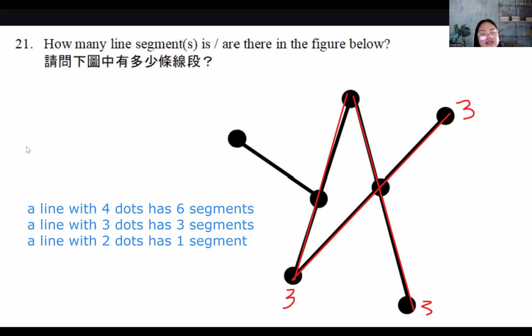And the last line is a two dotted line. So that means it has one segment. If you add that all together, that is 3 plus 3 plus 3 plus 1, that is equal to 10. And that's the answer. So again, all you have to do is to memorize this.